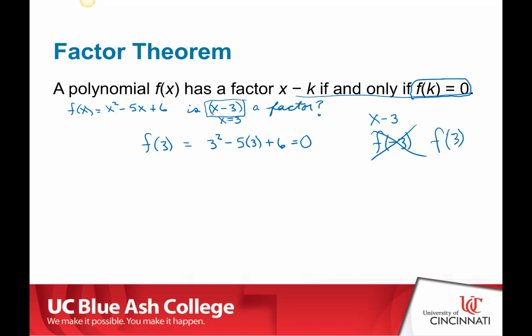Be careful to always take the negative. So if you had a factor like x plus 4, you would evaluate the function at what value? Negative 4. If it equals 0, you've got a factor. If it doesn't equal 0, it's okay. It just didn't work, which is fine.